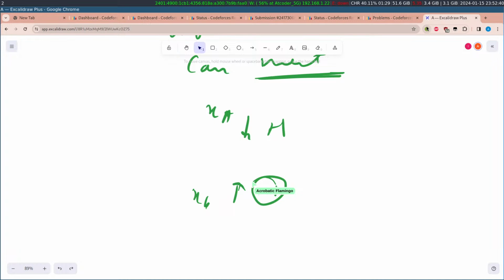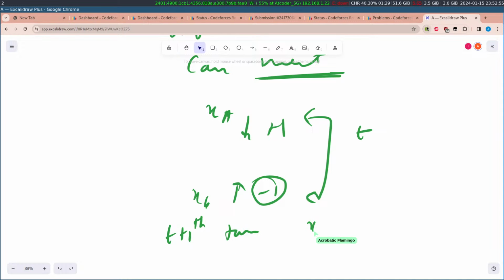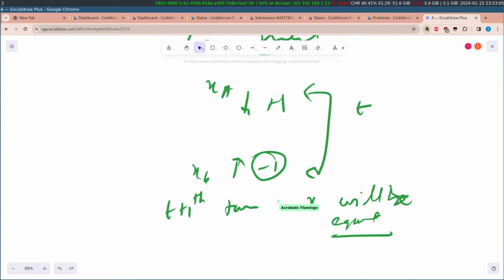So the moment when both of them will have equal coordinate would be when, let's say, the difference of their coordinate is t. And on turn t plus 1, their x coordinates would be equal. In the turn just after that, their coordinates would be different, and now Bob will be at lower coordinate and Alice would be at higher coordinate.